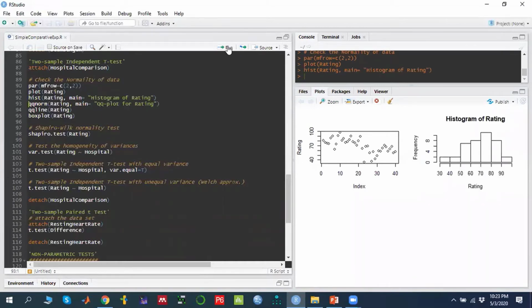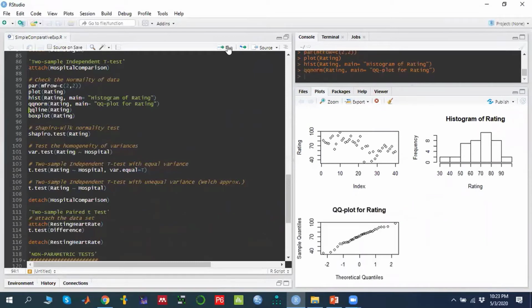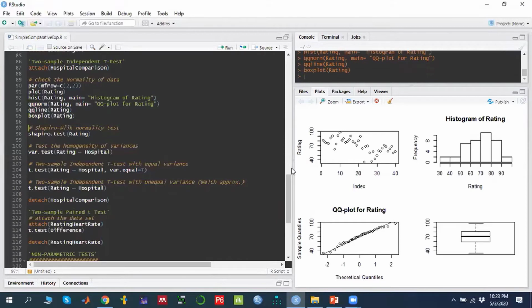Then we are applying the histogram to check the normality. It looks like a normal, and we are also applying the normal probability plot, which is the QQ plot. With the help of the QQ plot and histogram, we can see whether the data follow the normal distribution, but this is purely a descriptive approach.